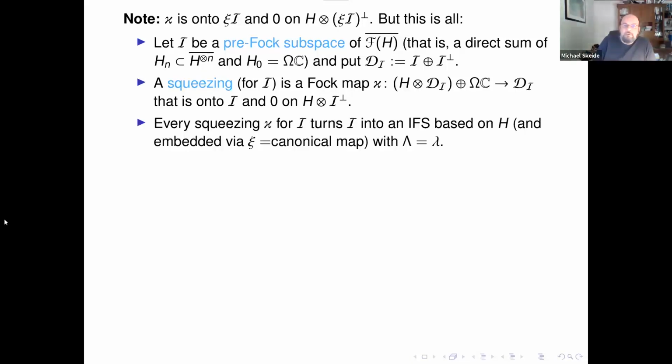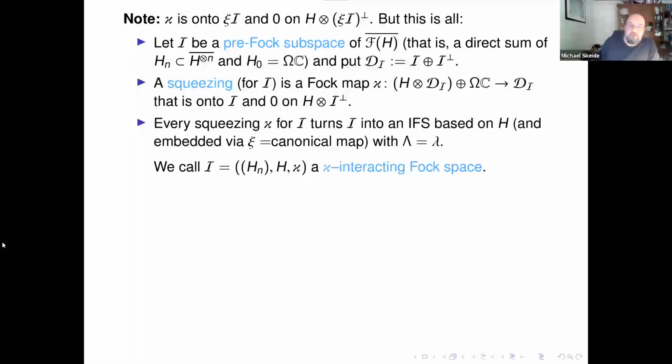And every squeezing for I turns I into an interacting Fock space based on the pre-Hilbert space H. And it is already embedded via the canonical embedding of the subspace. And little lambda and capital Lambda coincide. So we have identified a Fock space sitting already in the full Fock space.